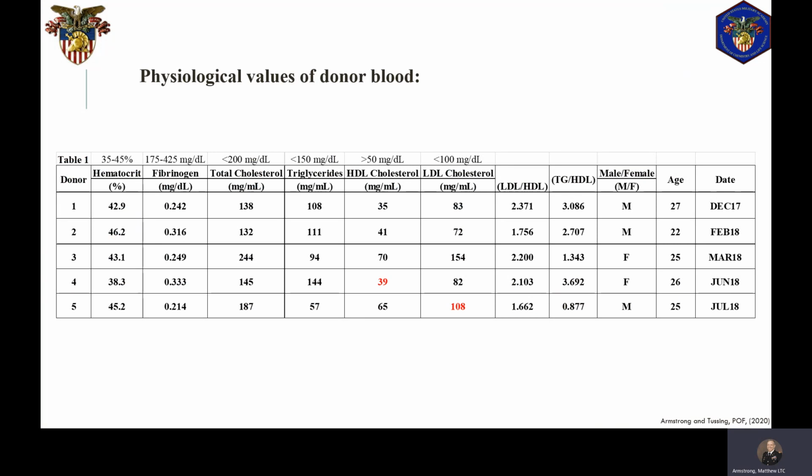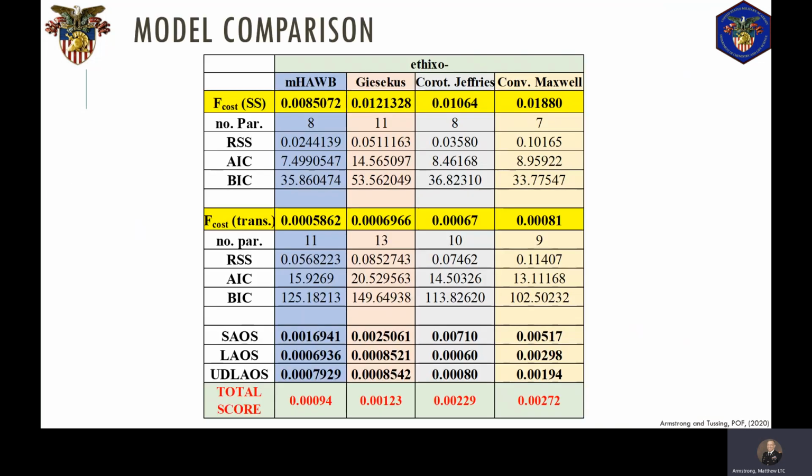And what we can do at this point is, with our massive library of rheological model parameters, we can start to look for statistically meaningful correlations between our model parameters and the physiological values of human blood over the 5 donors. We don't have time to show you those results today. Here's the model comparison. From left to right, we have mHAWB, Giesekus, Corotational Jeffreys, and Convected Maxwell.